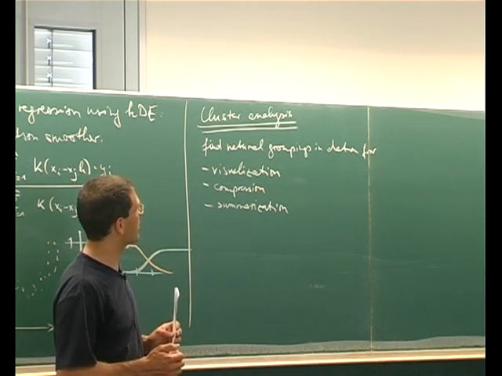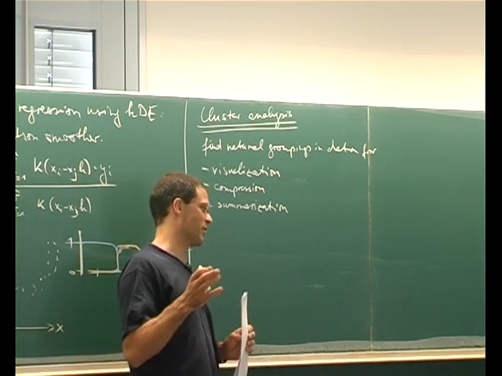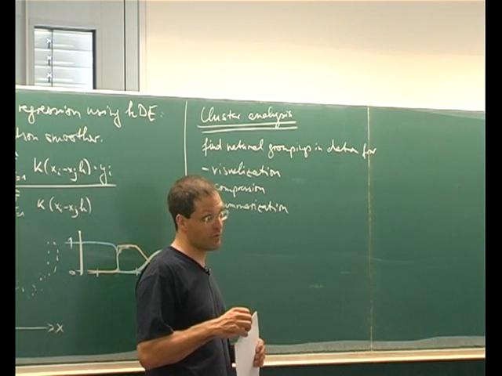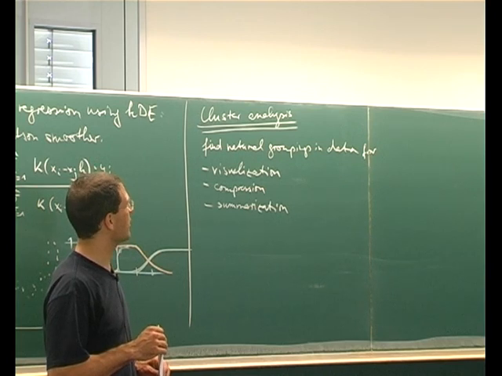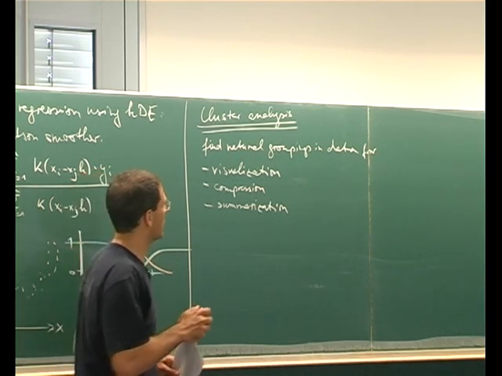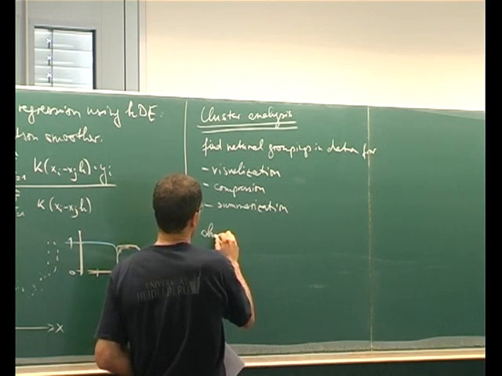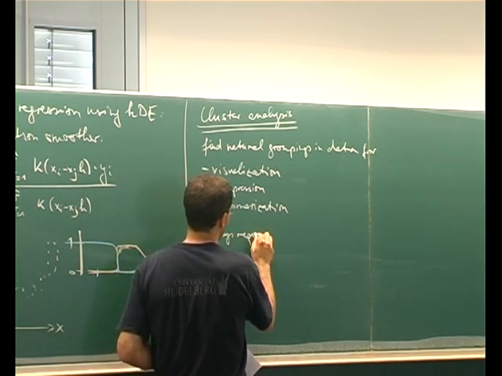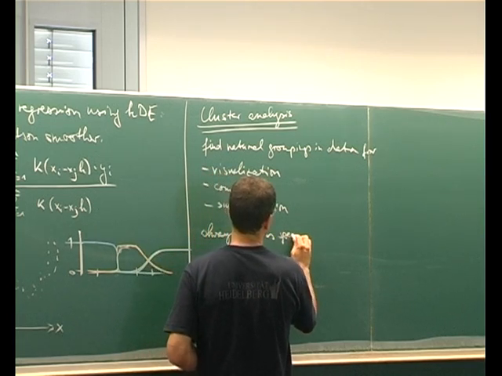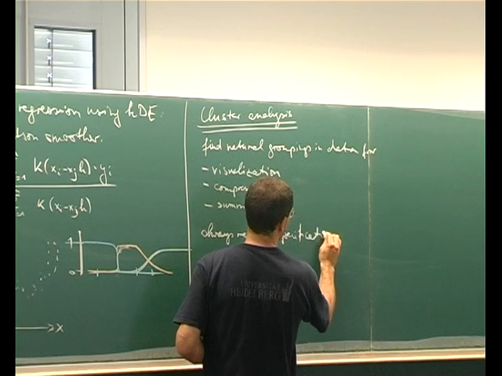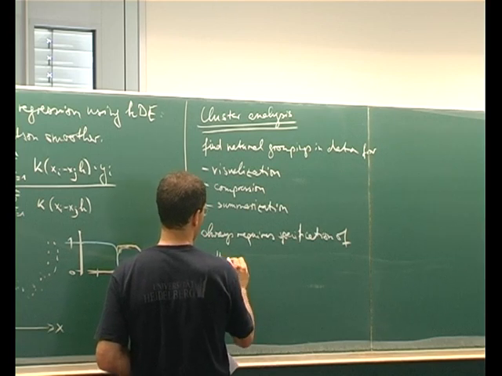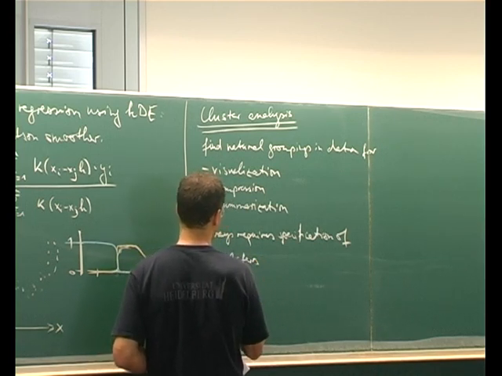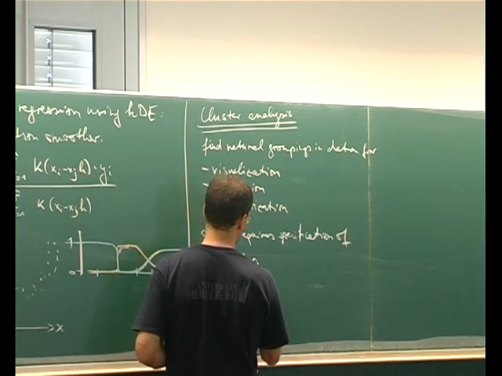There are Bayesian methods where you can try and infer the correct number of clusters, but even these need a prior. So I would argue that in cluster analysis, you always require a specification of either the number of clusters or approximate number of clusters that you're looking for, or of the length scale that is of interest to you.